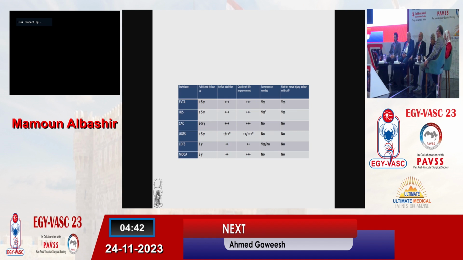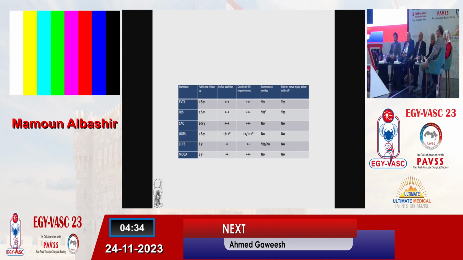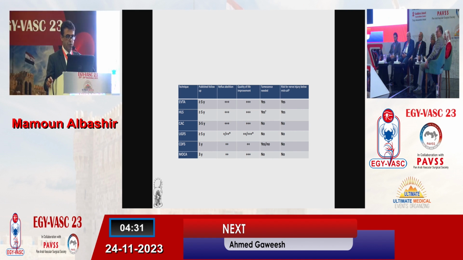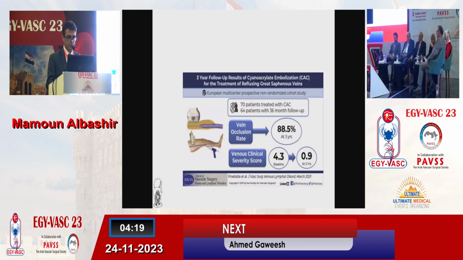In comparison to all other formats, including endovenous thermal ablation, MOCA or sclerotherapy, these two features, the absence of tumescent and the fact that you do not need compression, in addition to the low risk of nerve injury, have been quite an advantage for glue procedures.